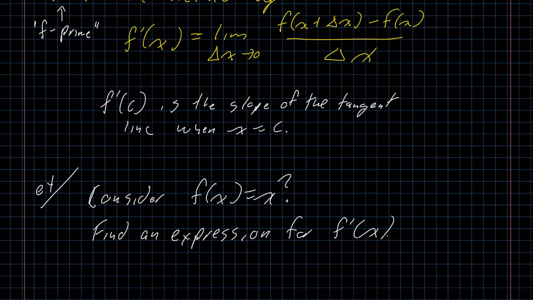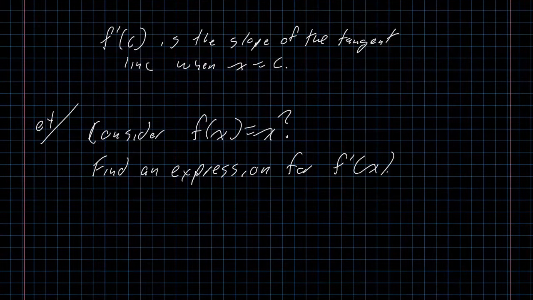So as an example, let's consider the function f of x equals x squared that we've been dealing with. And we want to find an expression for the derivative f prime of x. There are other tools that we could use, but for right now, the only tool we have at our disposal is the limit definition.